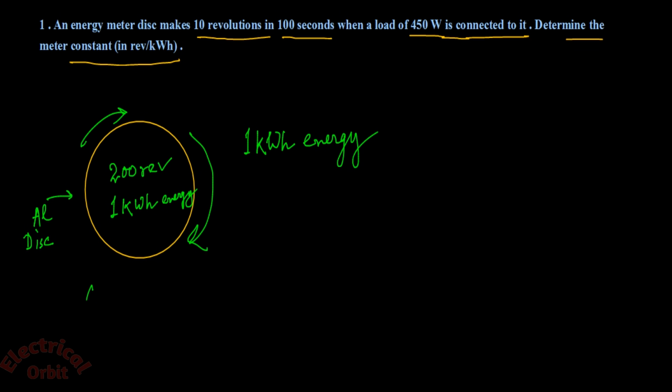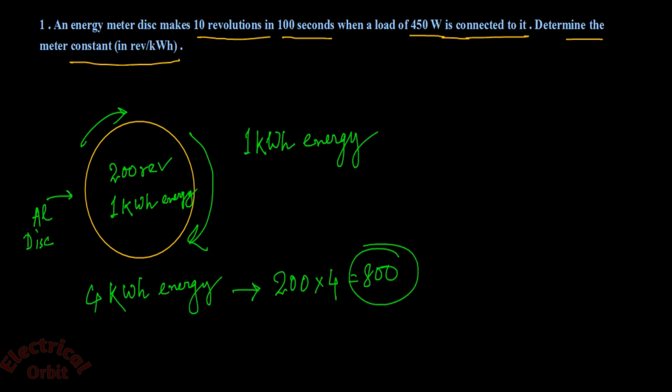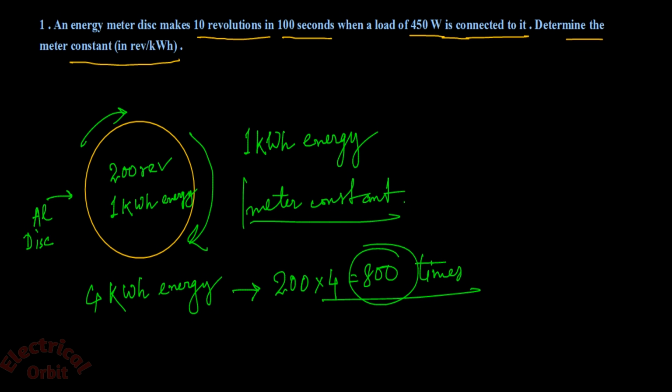That means for recording 4 kilowatt hour energy, it will revolve 200 into 4, that is 800 times. So for 1 kilowatt hour energy measurement, how many revolutions it needs to do is called the meter constant of that particular meter.